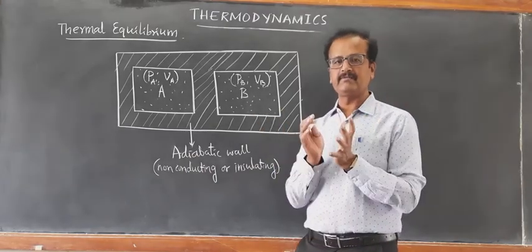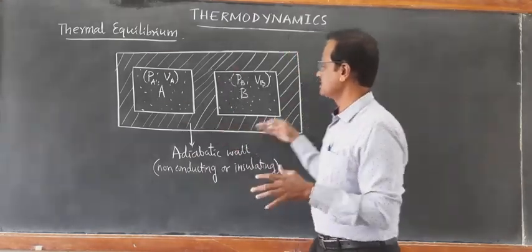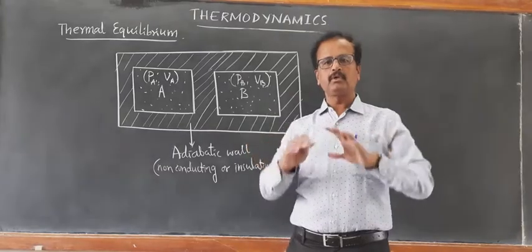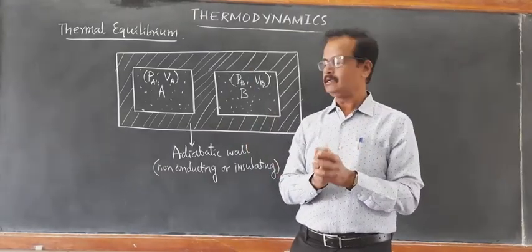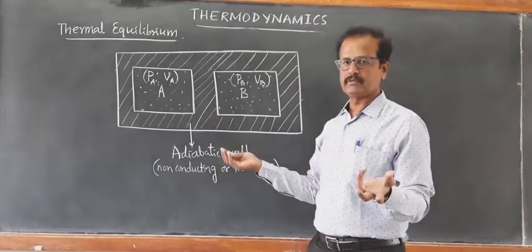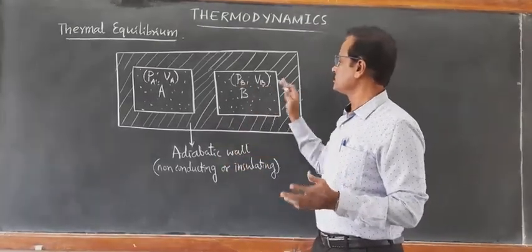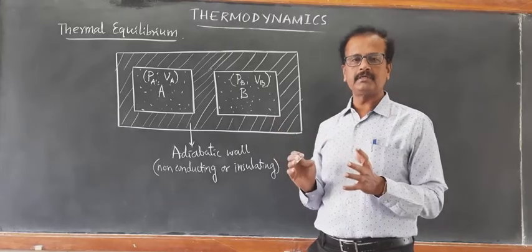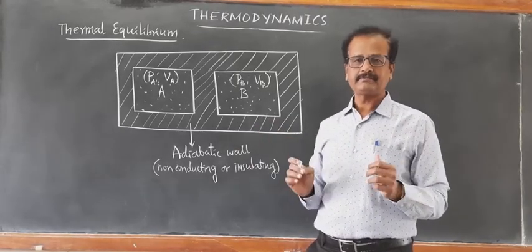When they are separated by an adiabatic wall, even the surrounding is totally insulated, totally adiabatic. Then the pressure and volume values of A, and the pressure and volume values and composition of B, remain the same.